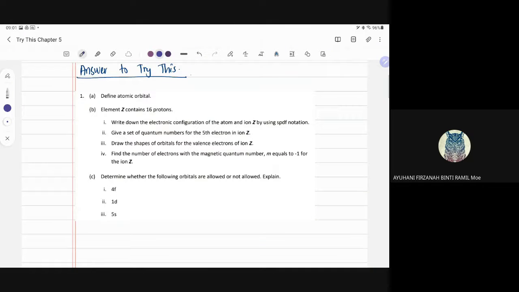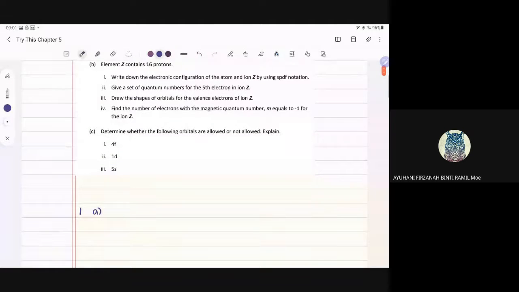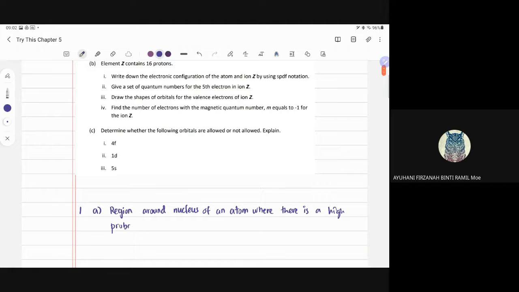Soalan 1A, define atomic orbital. So atomic orbital kamu sepatutnya tahu by definition it is region around nucleus of an atom where there is a high probability of finding an electron.